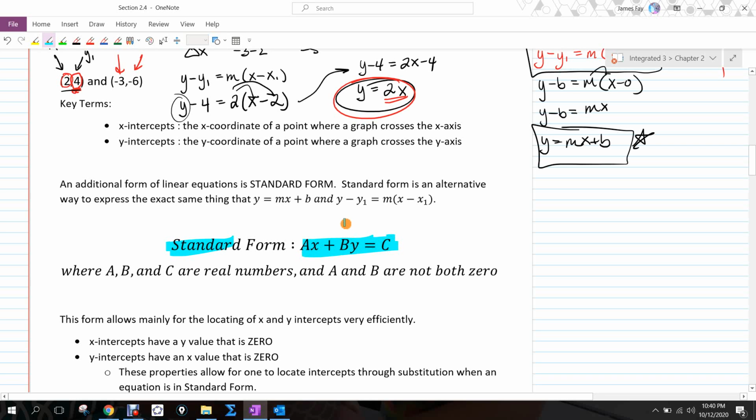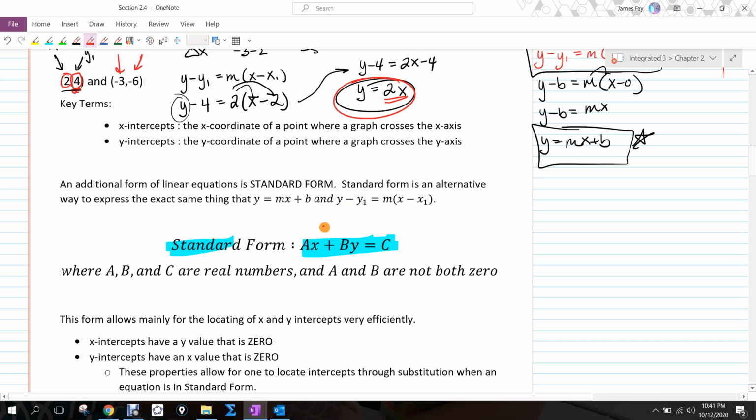Even though it's the most basic, it's the most formal representation of a line, it's really one that we don't prefer to use a lot because looking at it, you don't necessarily know what the slope is and what intercepts are and all that kind of stuff. But it's just an alternative way to express the equation of a line.